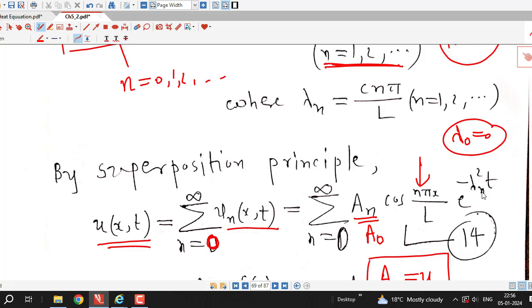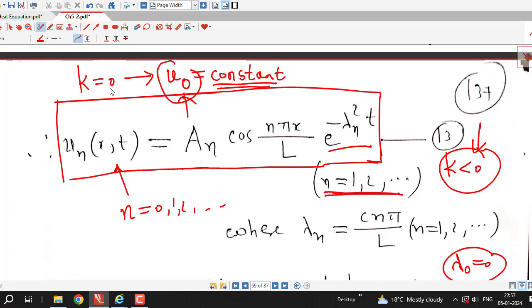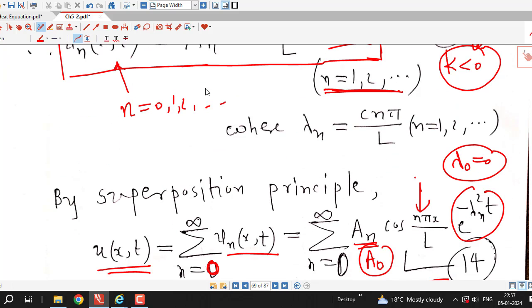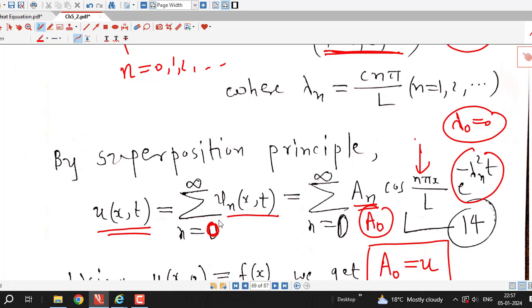So for n equal to 0, lambda 0 is 0, therefore this is also e raised to 0 which is 1, cos 0 is 1. So all we will obtain corresponding to n equal to 0 is the constant a0, and that matches with this, that when k equal to 0, u0 is constant. So that solution is also included in using this superposition principle.